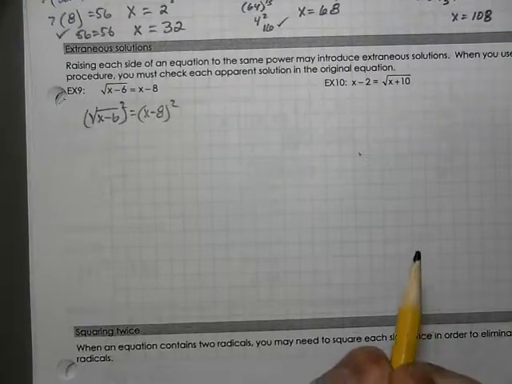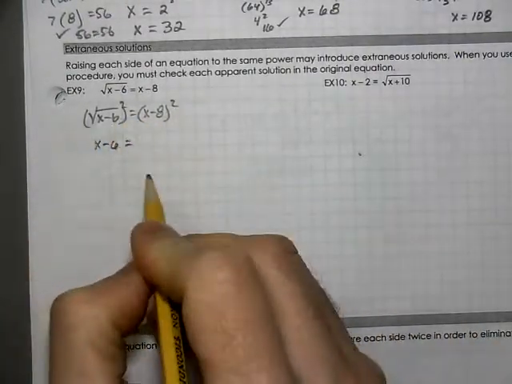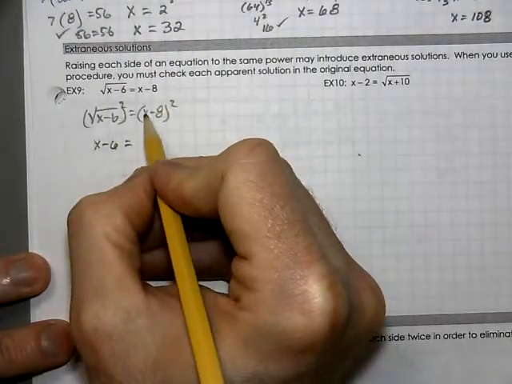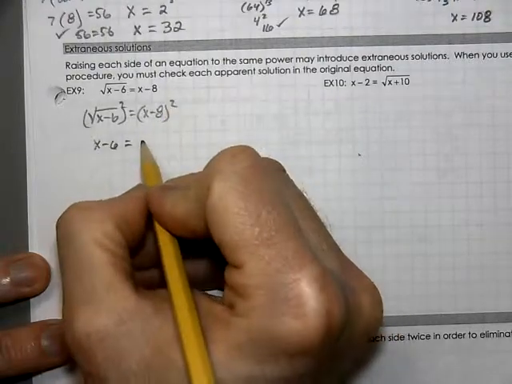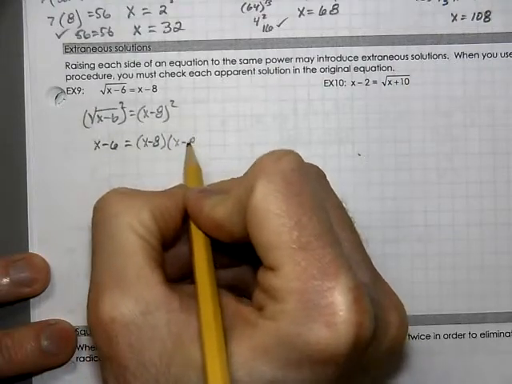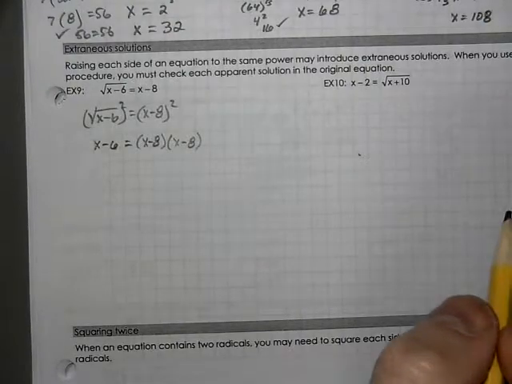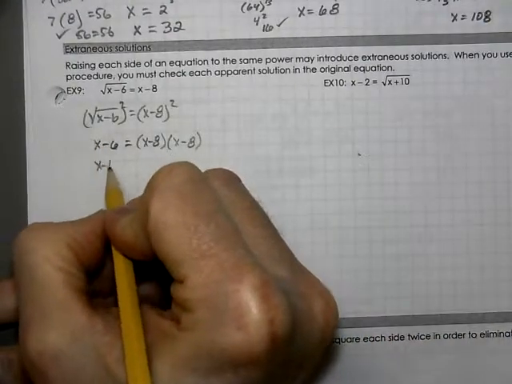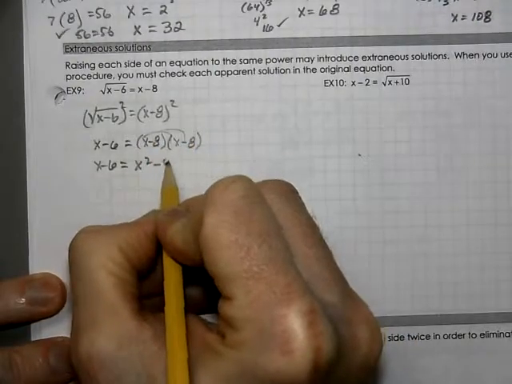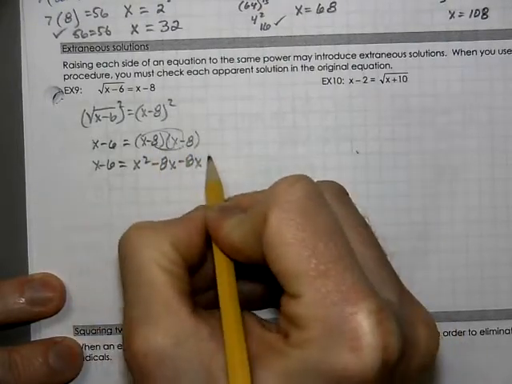So we square both sides. When you square a square root, you get what's inside. And on this side, you do not have x squared and 64. You've got to square the binomial, and that's going to give us x squared minus 8x minus 8x plus 64.